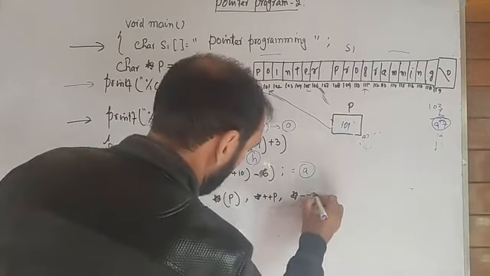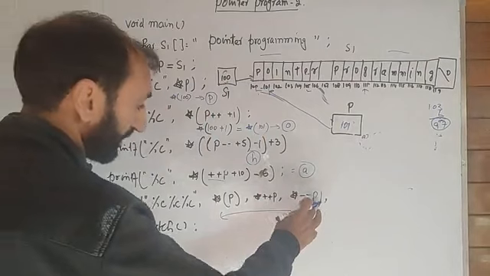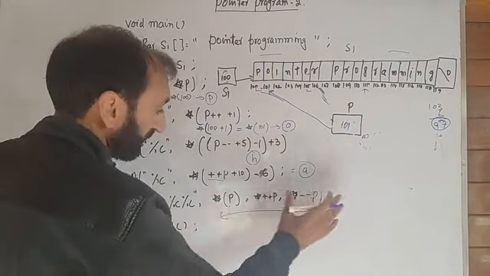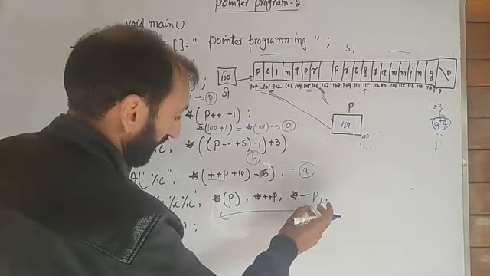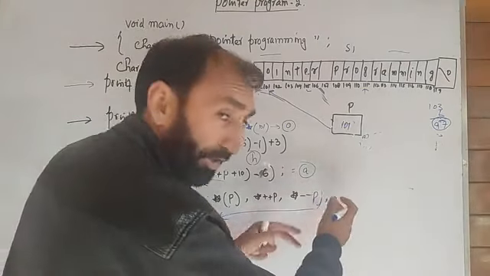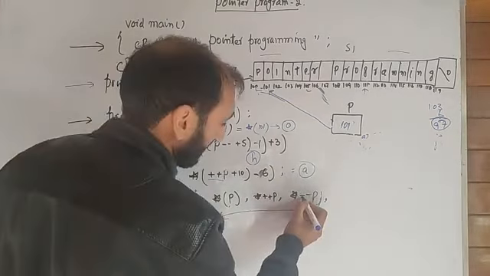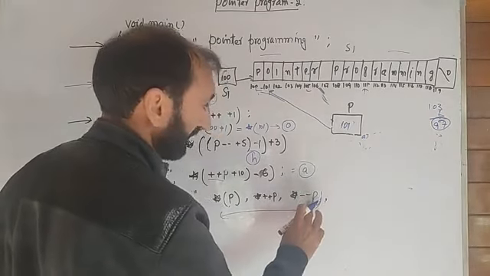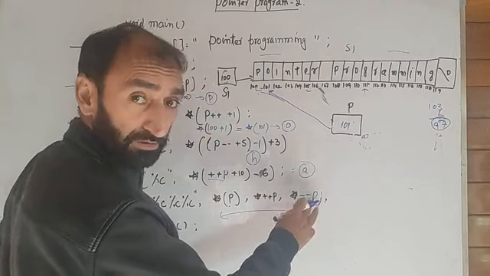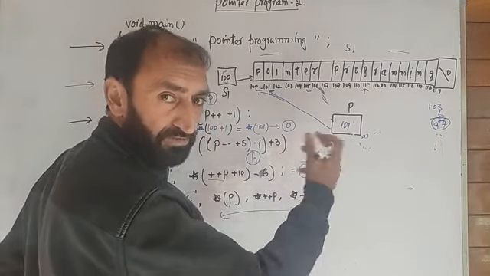First, we know that all these minus, plus, and indirection operators have the same precedence, but the associativity is from right to left. First this will be executed. This is a pre-decrement, which means first p will get decremented by 1 and then its value will get returned.